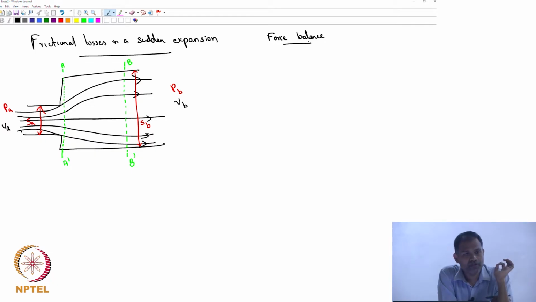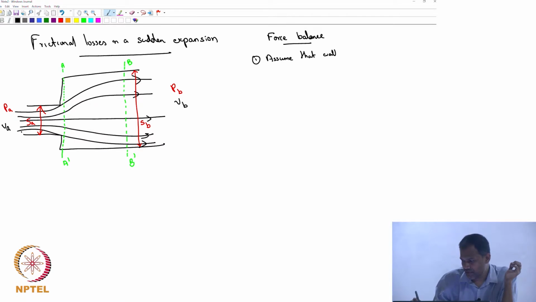What we are going to do is we are going to neglect the contribution that's coming from wall shear stress. Okay, that's an approximation. We assume that the wall or the viscous contribution from the wall is irrelevant in the force balance.